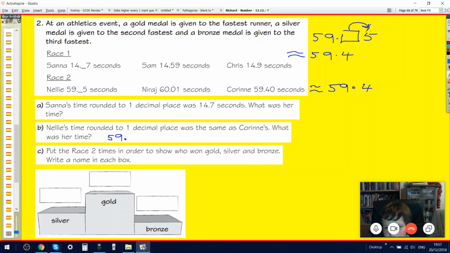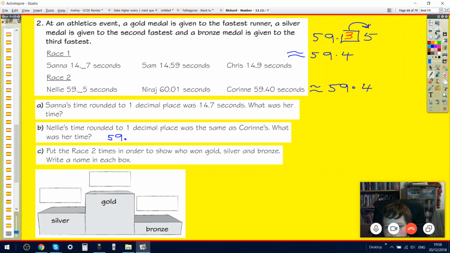Because it ends in a 5, it's going to round up. So what number, when you round it up, will be 4? Think. 3. Because when you round it up, you add 1 to it.